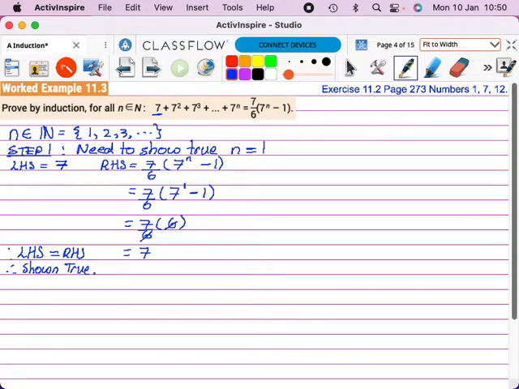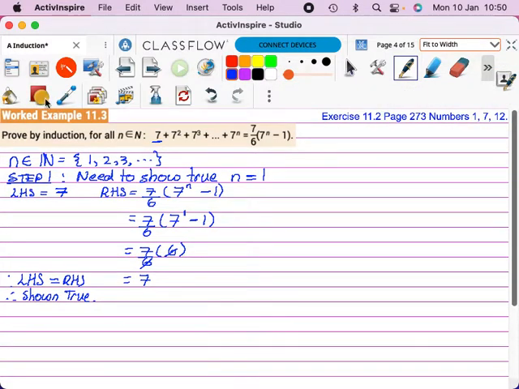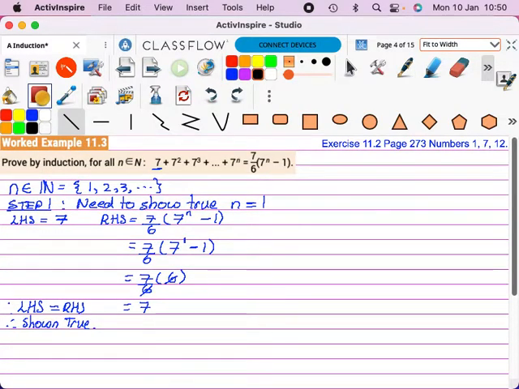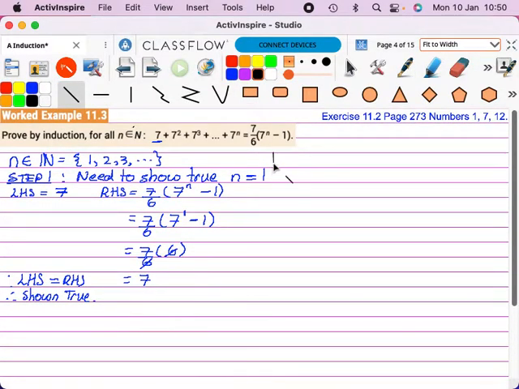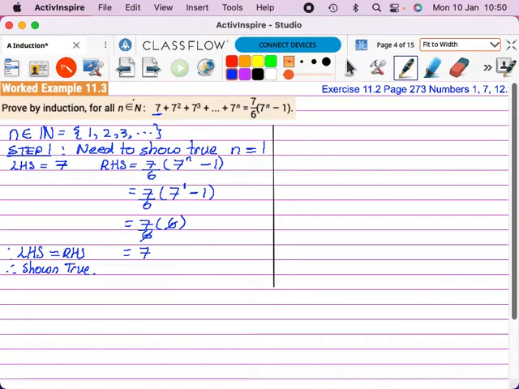So now we're going to work on step 2. We're going to go to this empty space up here on the right-hand side and put in a title which clearly states step 2.